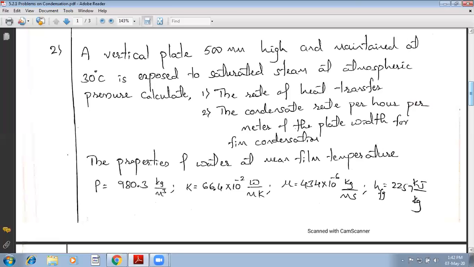Now we will look into another problem, again on a vertical plate. A vertical plate 500 mm height and maintained at 30 degrees Celsius is exposed to saturated steam at atmospheric pressure. You need to calculate the rate of heat transfer here.